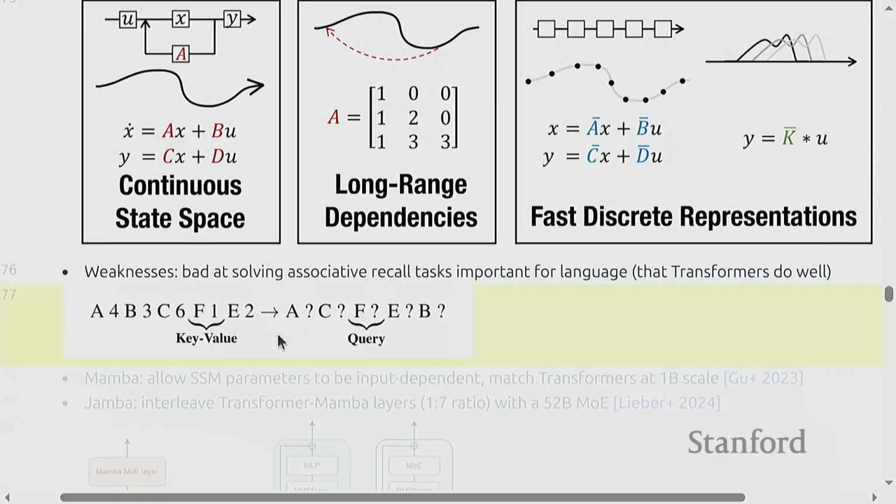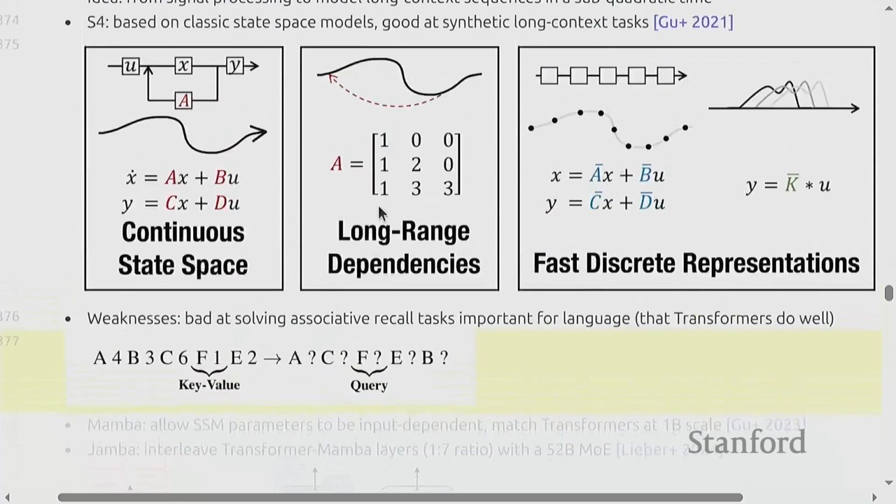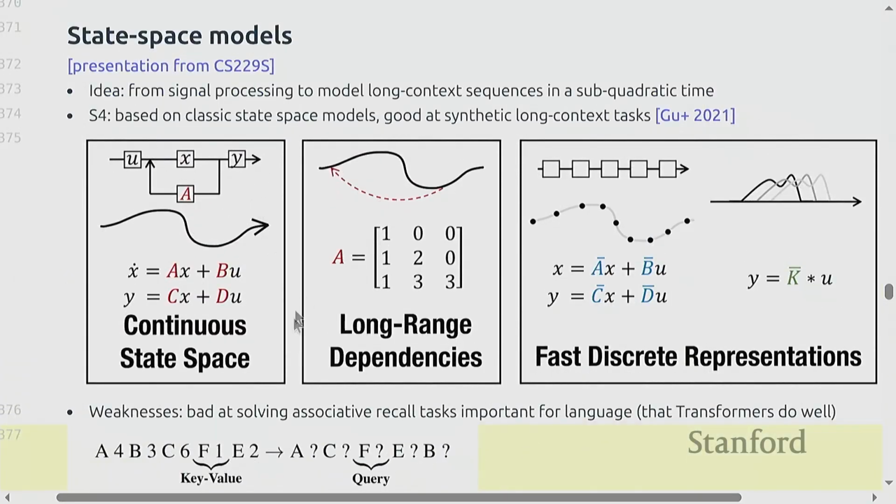It can be arbitrarily long dependence, and you can see that local attention is not going to work very well because it's just going to remember the last few sequences. And the problem with state space models is that they were good for signal processing tasks, but here you need to isolate a particular key value pair and pull out the answer.